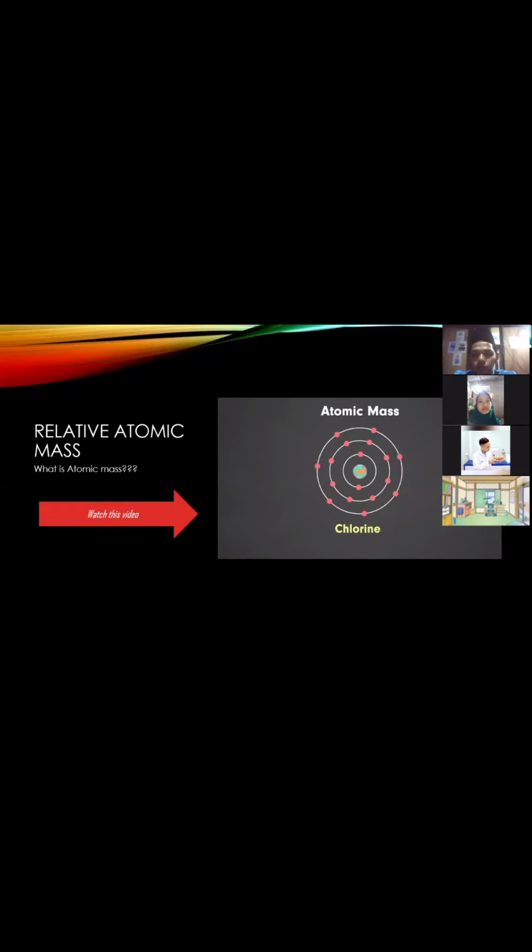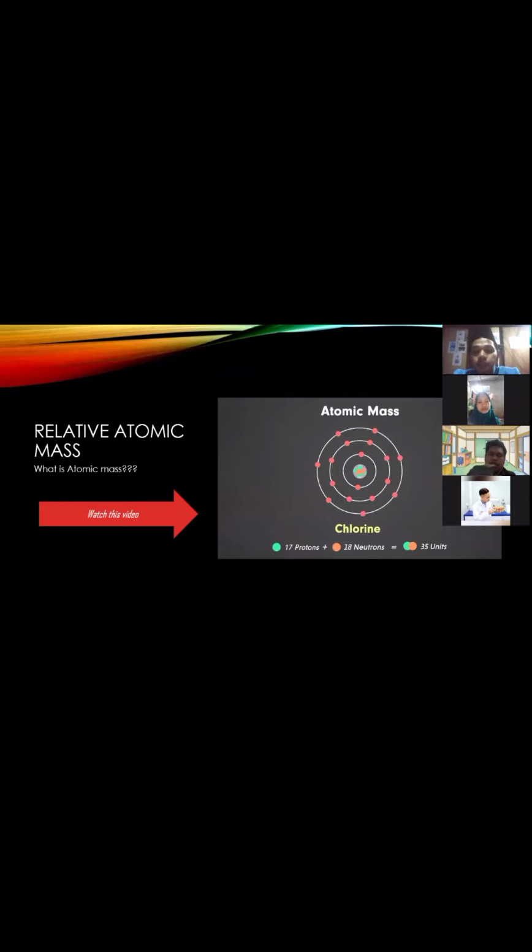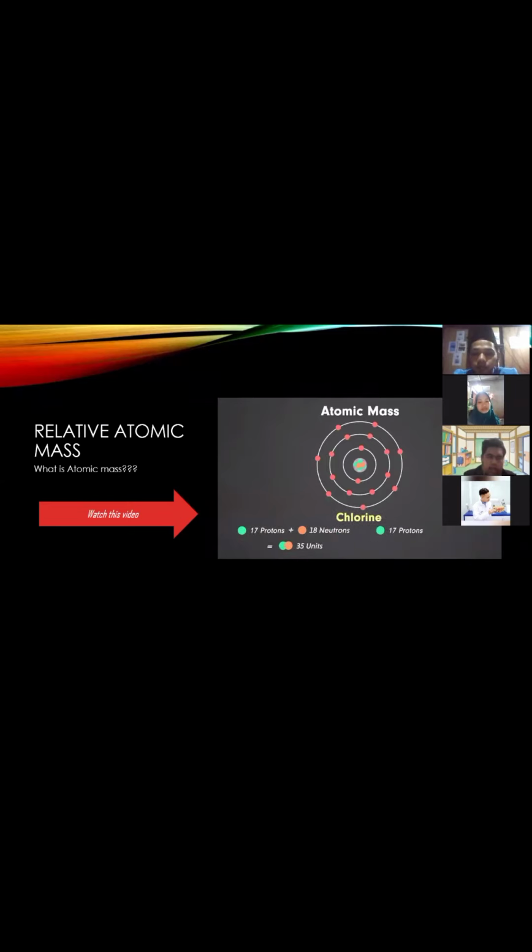A chlorine atom has 17 protons and 18 neutrons. That means the atomic mass of chlorine will be 35 units, right? Absolutely. But wait a second. A few chlorine atoms that exist in nature exhibit a different form. Some of them have 17 protons and 20 neutrons. That gives us an atomic mass of chlorine as 37 units.